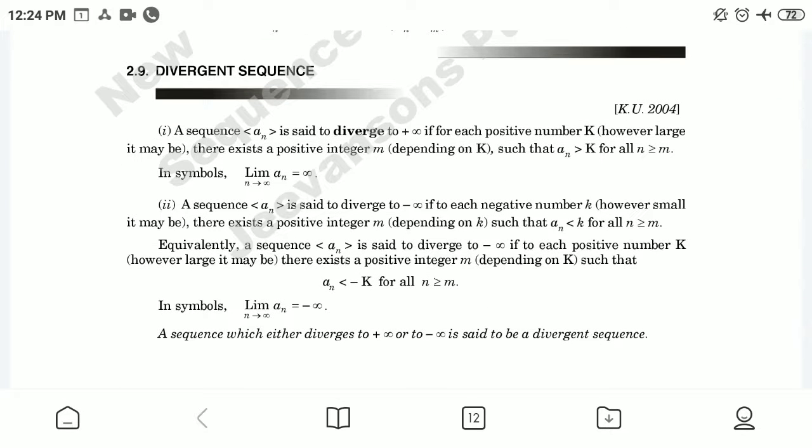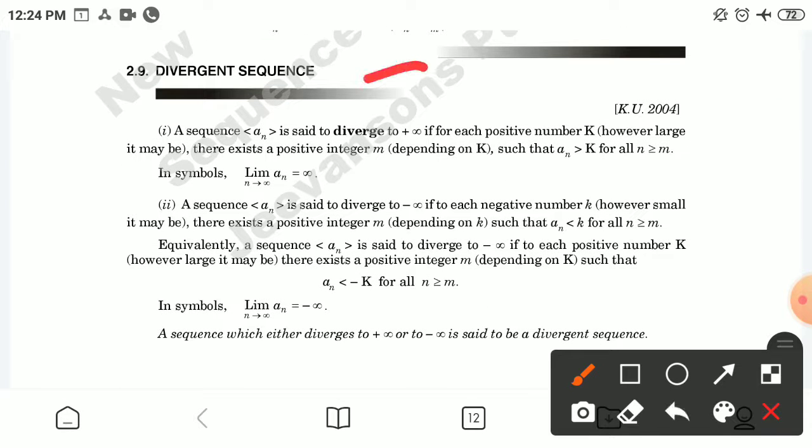Now, the next definition, for divergent sequences. A sequence an is said to diverge to plus infinity if for each positive number k, however large it may be, there exists a positive integer m depending on k such that an is greater than k for all n greater than or equal to m.